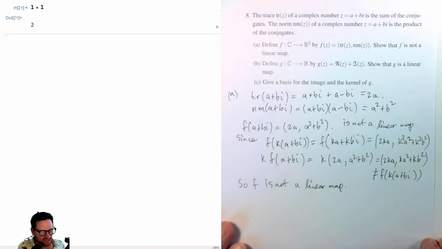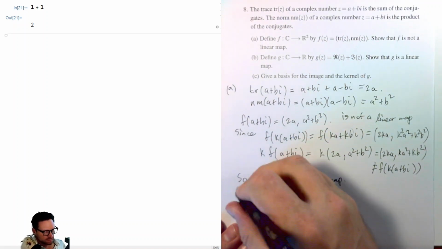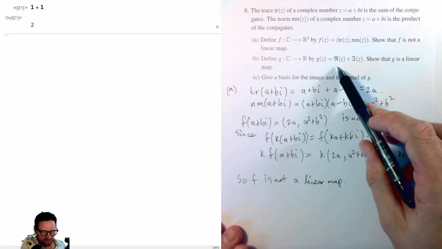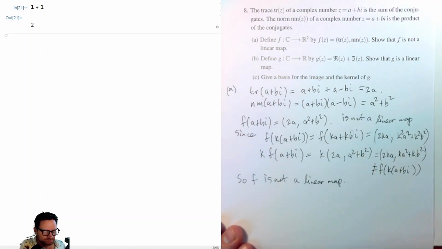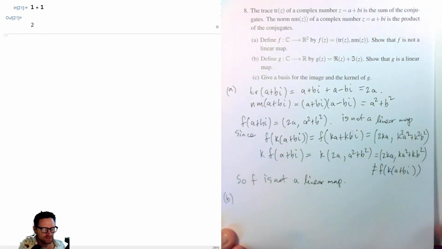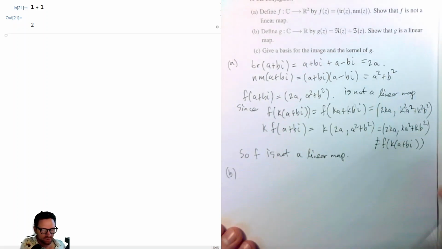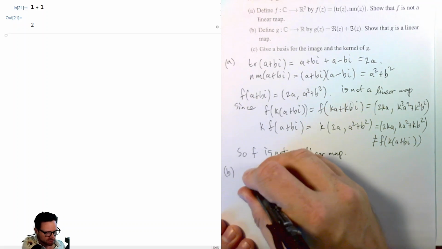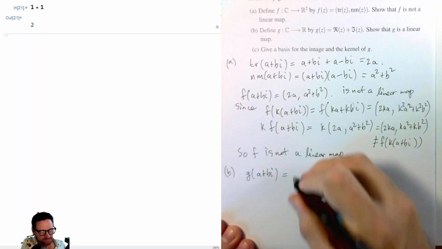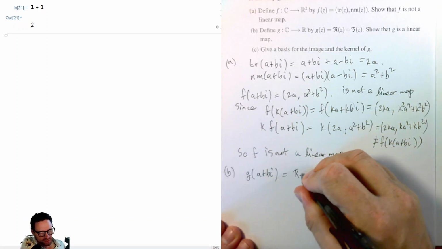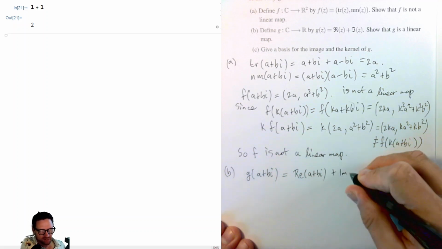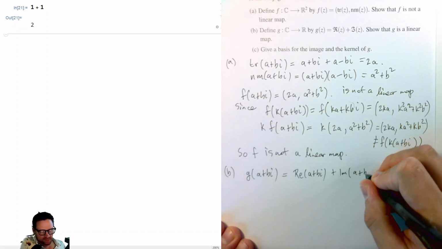Okay, now for part B. So this is the real part. This is the imaginary part. So I'll write RE and IM for these. Okay, so let's have a look at what this is. So G of A plus BI is equal to the real part of A plus BI plus the imaginary part of A plus BI.